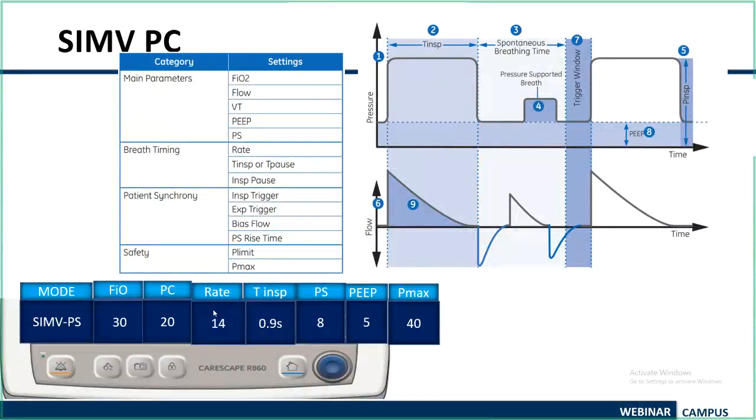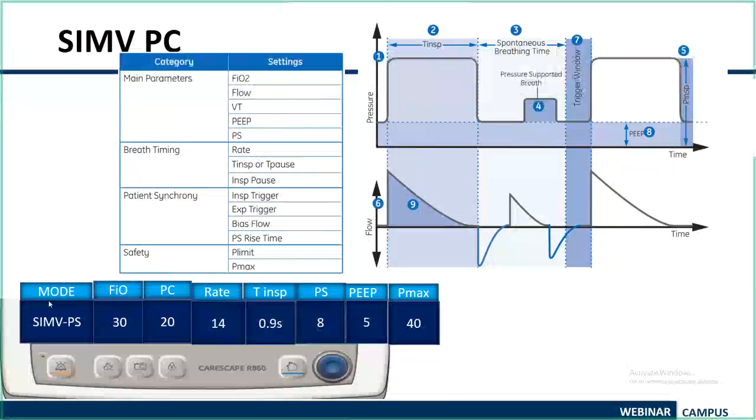Even if you want to use it, suppose I keep a rate of say 14, the patient will be delivered a minimum of 14, and if the patient is breathing at 10, the 10 will be synchronized and the rest will be machine delivered. Okay. Suppose the patient wants to breathe more, the patient can take 16, 18, etc. How much support has to be given, you can adjust with that.